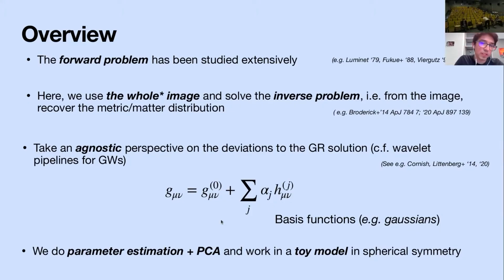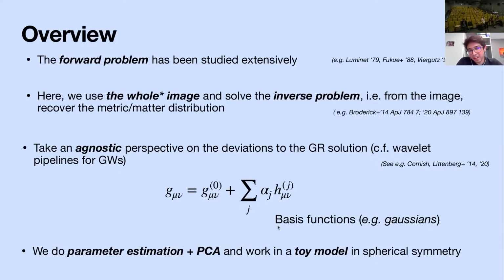Once we describe the metric with this parameterization, we can couple this to a code that produces a black hole image and start doing parameter estimation. And we couple our estimates with a technique called principal component analysis to try to recover the metric and the matter distributions.